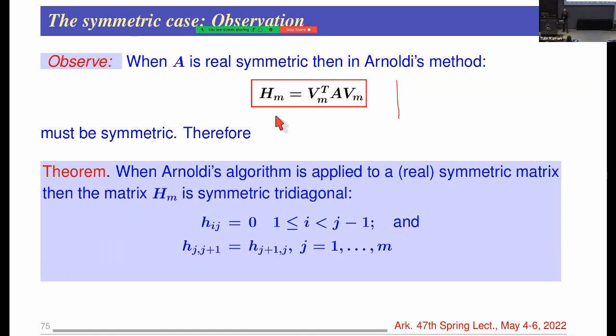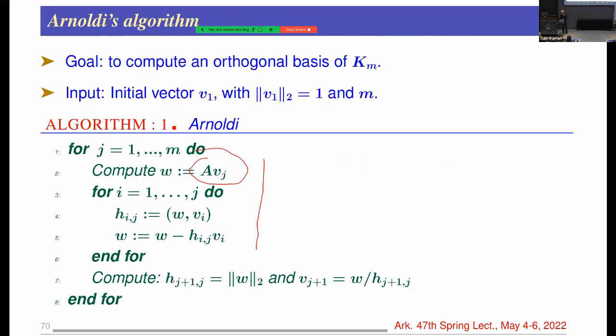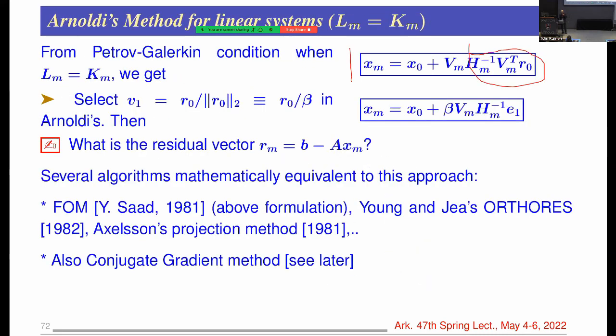Therefore, in the Arnoldi algorithm, you only need to orthogonalize against two vectors. The Hessenberg matrix becomes tridiagonal, right? So you only need to orthogonalize against two vectors. That's a huge savings, at least in theory, obviously.